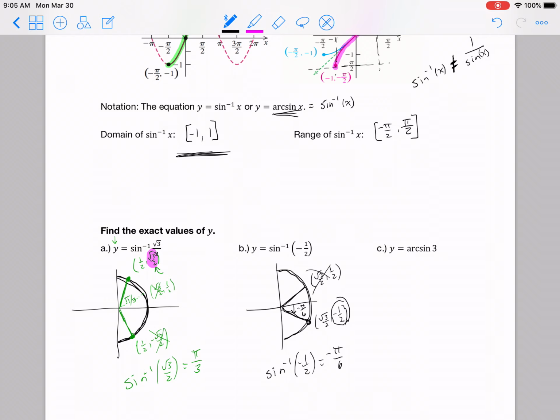And so if we say, hey, what angle, when we take the sine of it, gives us 3, well, there's nothing. We can't actually get a 3 out of sine, so you cannot do the arc sine of anything that's greater than 1 or less than negative 1. So this one's undefined, all right, because it's outside of our domain.